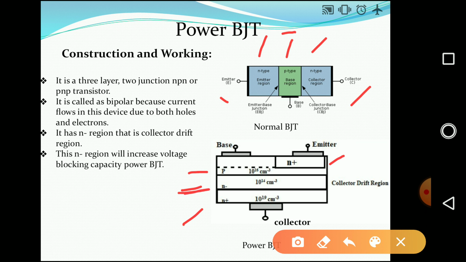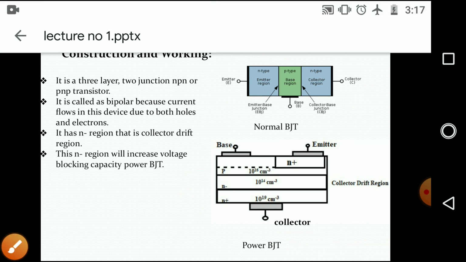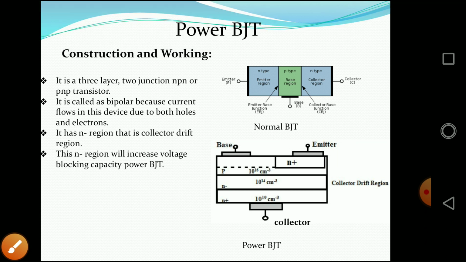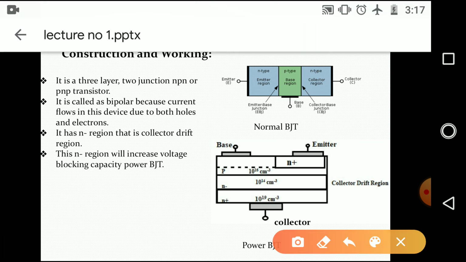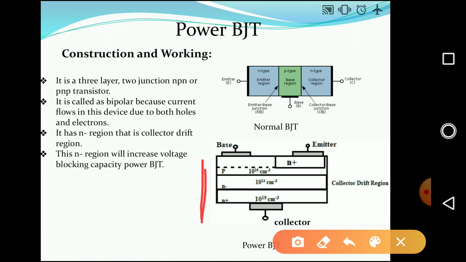This N minus region is called the collector drift region. Due to the presence of this collector drift region, the power BJT can handle more power. The construction also shows vertical orientation in a power BJT, but the normal BJT has horizontal construction.